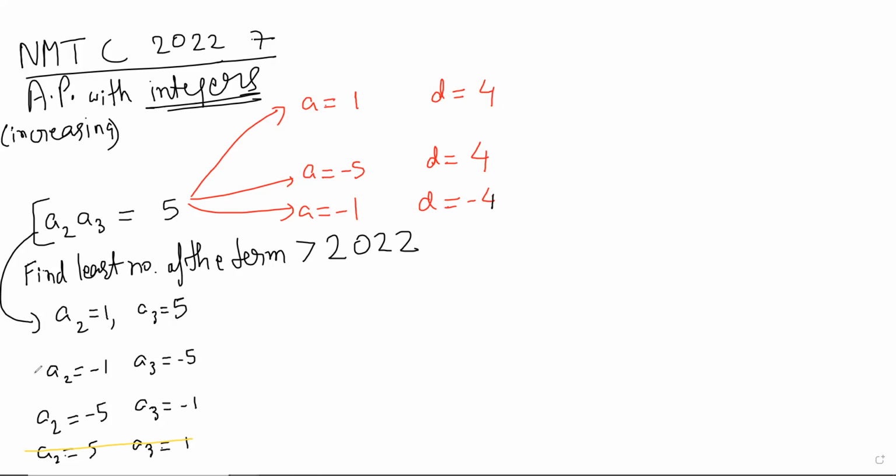The third possibility that Aparna has taken here will also not work because it's minus 4. So these two remain, and as Aparna has said, you can try out both the possibilities and you'll actually get two answers.